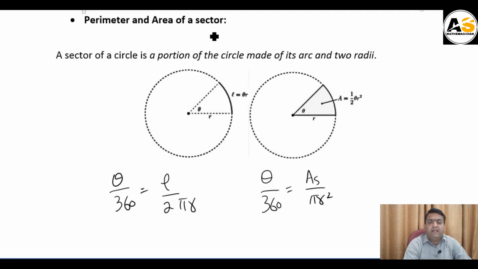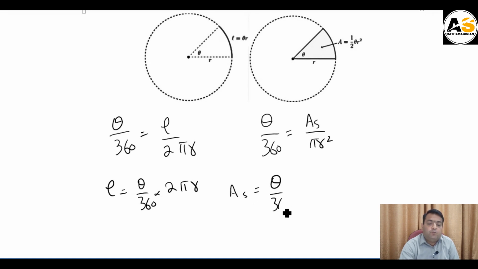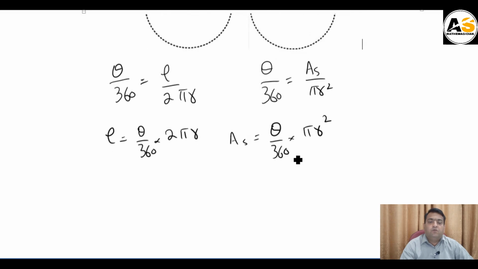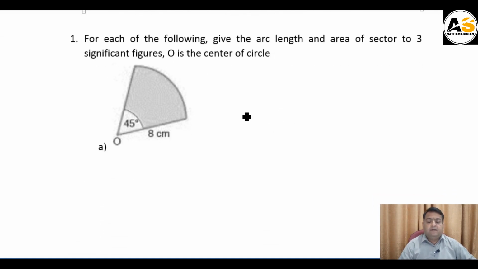From here, we can easily deduce that arc length is equal to theta over 360 into 2 pi r, and area of sector is equal to theta over 360 into pi r square. So these are two basic formulae which we are going to use to calculate the arc length and area of a sector. Let us solve a few problems to have a grip on this concept.